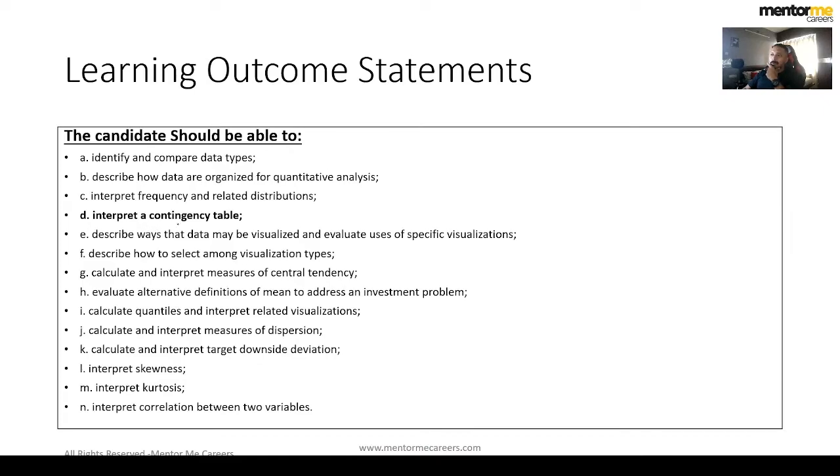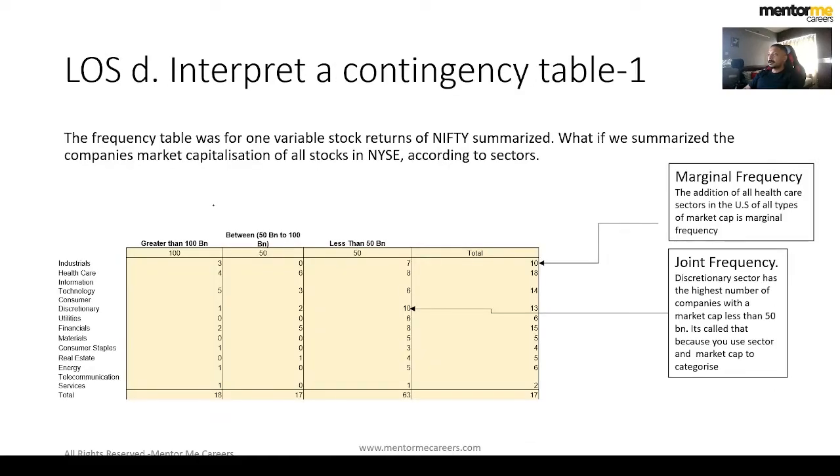Let's look at what is called the contingency table. Sounds very complicated, but let's see what it exactly is. It is a frequency table in which the variable stock returns are summarized. If you look at the left hand side, all you have is various sectors, so you could say this is categorical data.